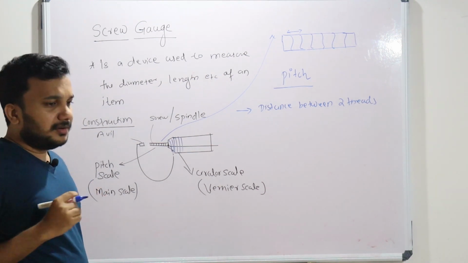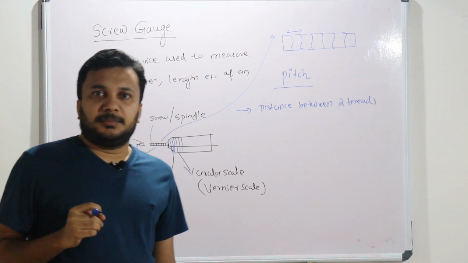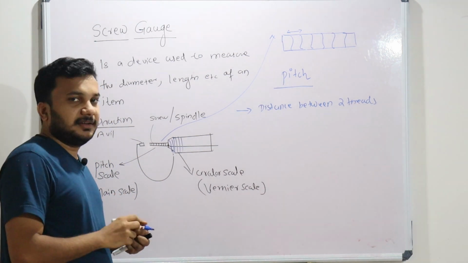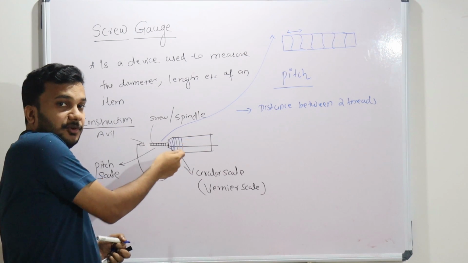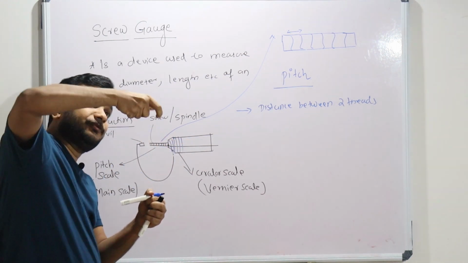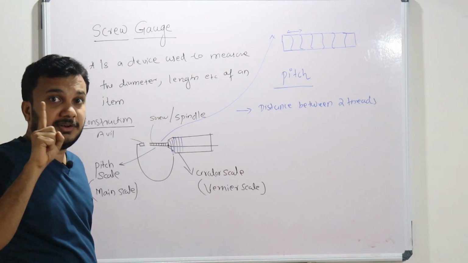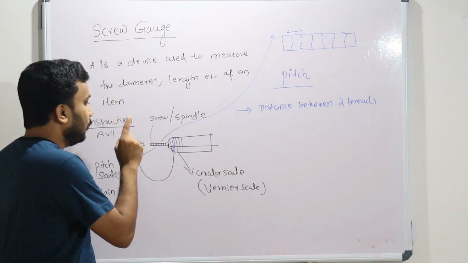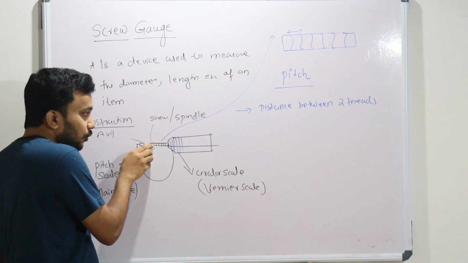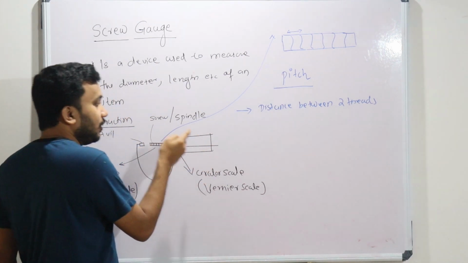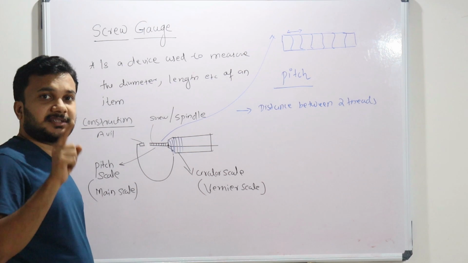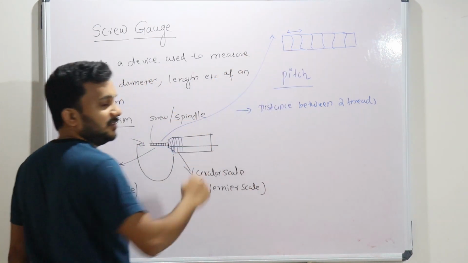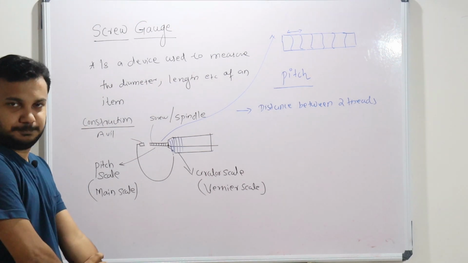Next, one constructional property of this screw gauge is this: if you have done a complete full rotation of the circular scale, the screw will go inside or outside of the circular scale by one thread distance, which means one pitch.